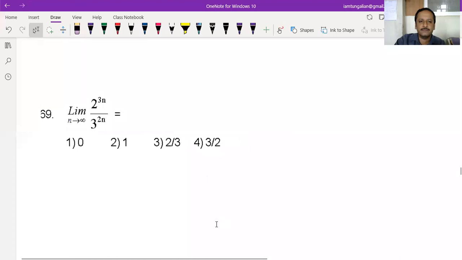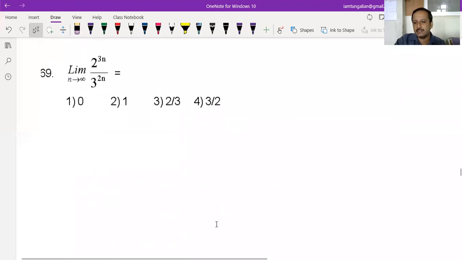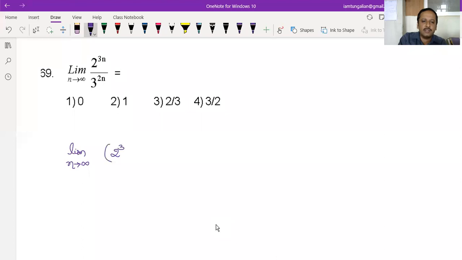Second option. Okay, then 69th question. Limit n tends to infinity, 2 power 3n divided by 3 power 2n. So 2 power 3n can be written as (2 cube) whole power n, divided by (3 square) whole power n.